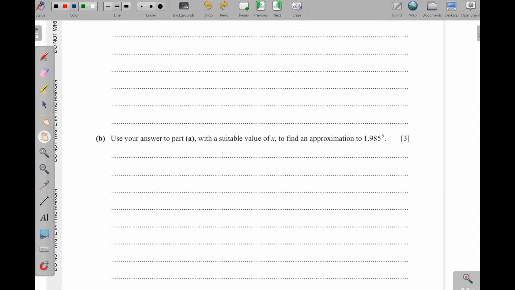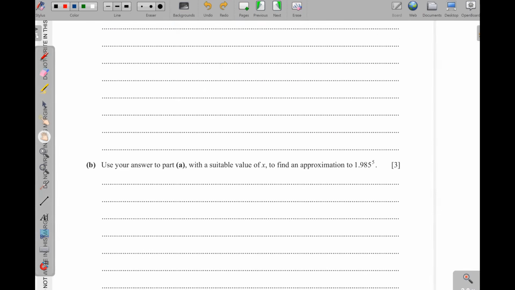Now what we can do, up here we have 2 minus 3 over 2 of x to the power of 5. This one, I equate it to this one given here, power 5. That means whatever is inside the brackets here, then will be equal to the 1.985, not so, because they are all to the power of 5. Then we make x the subject to the formula.